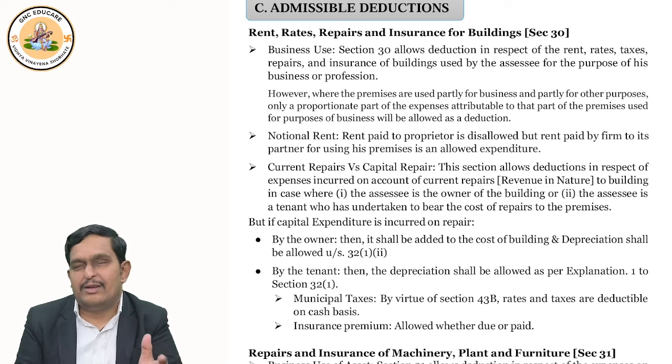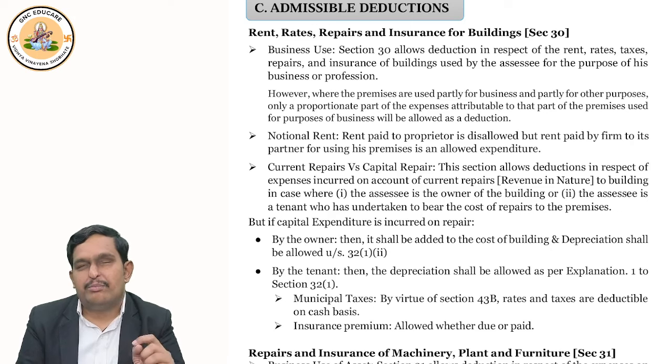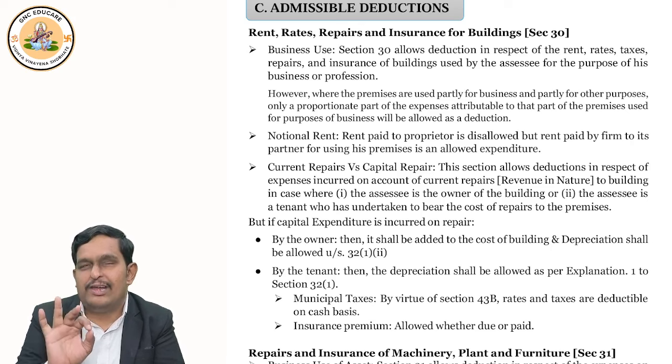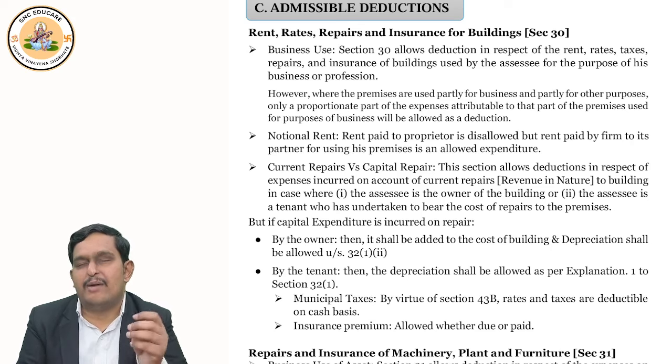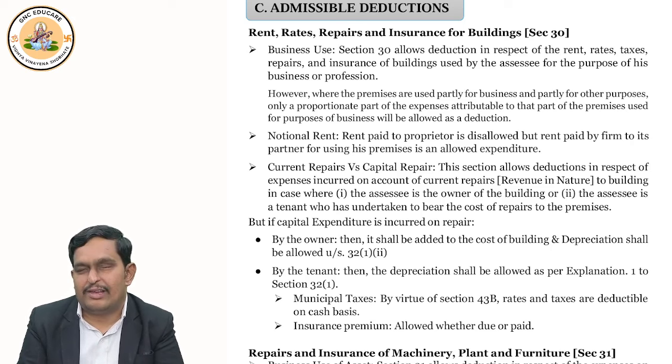And for not sharing patent, copyright, know-how, license, the money you get is taxed under PGBP. But if you are transferring the right to manufacture, that exclusively will be taxed under capital gains because there is a specific amendment this time for it. Be careful. Now, we understood the entire section 28.